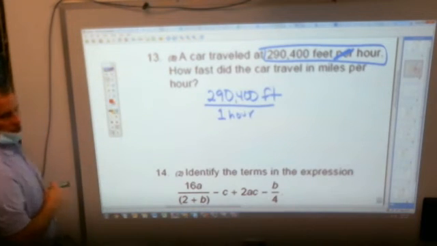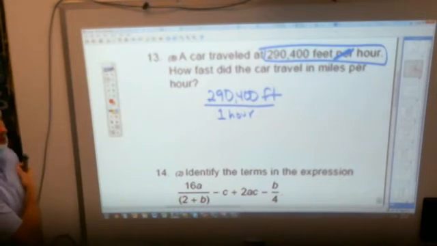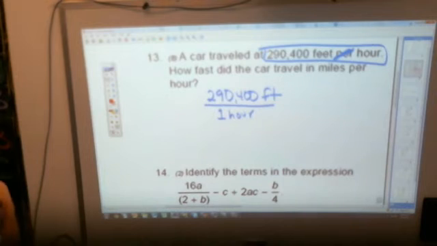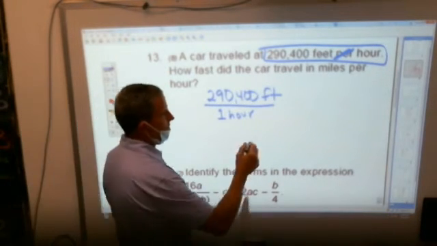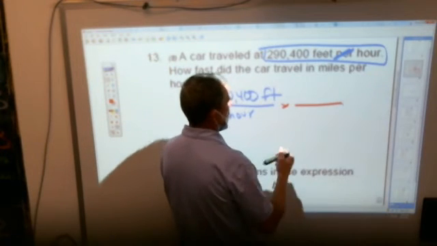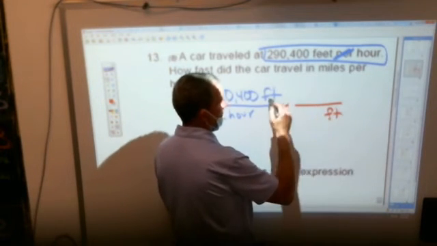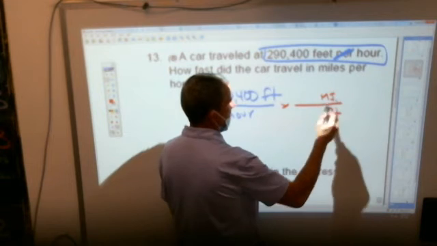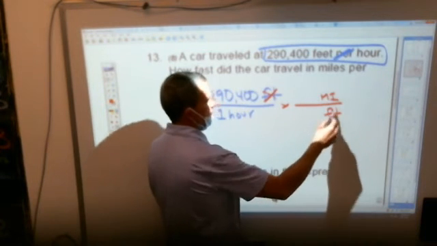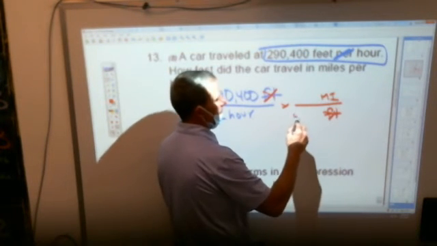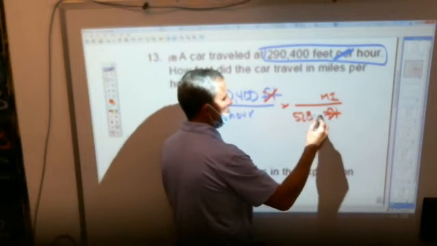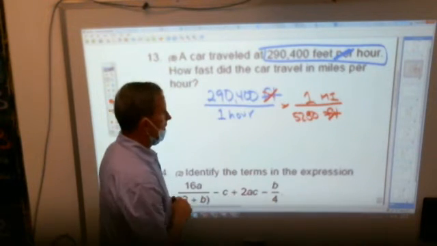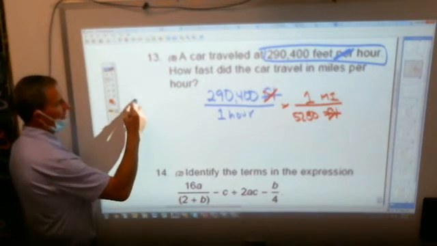And then you ask yourself, Zach, which label gets changed, the feet or the hours? And what am I changing feet into? So I put feet down here because it's up here, and I have to put miles right there. And how many feet are in a mile? 5,280 feet. Here again is where people whine about the math.